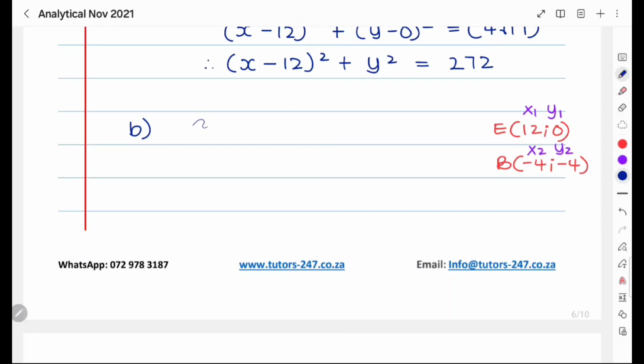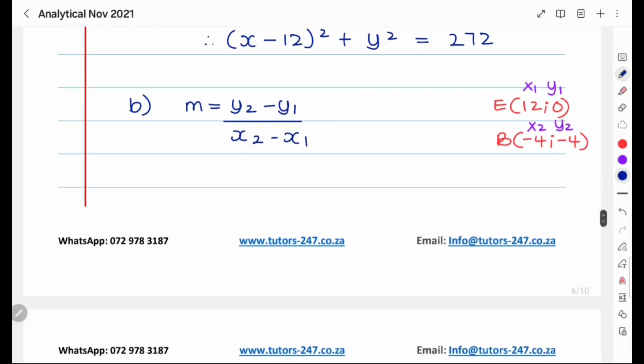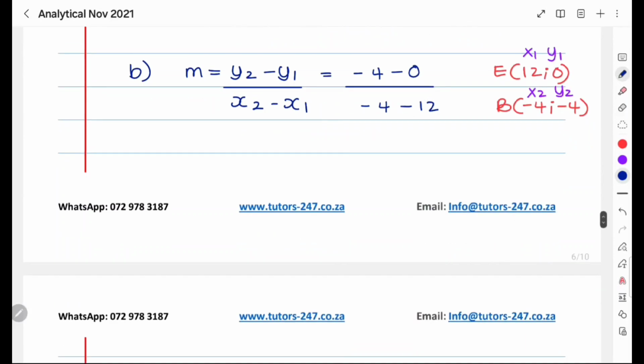From here, we can substitute into the gradient formula, and we therefore have the gradient of EB as equal to 1/4.